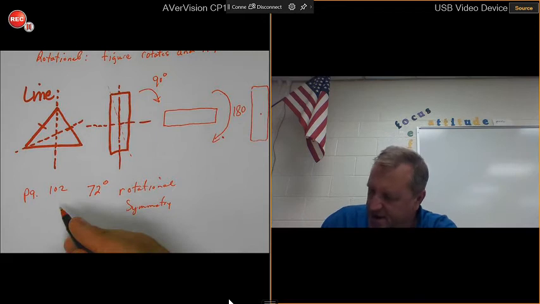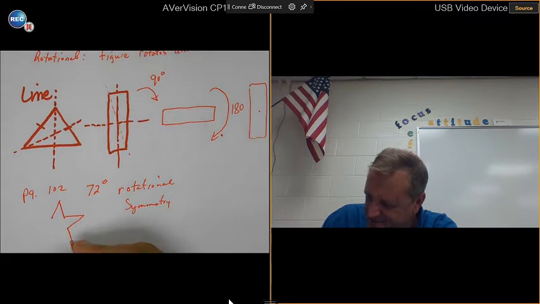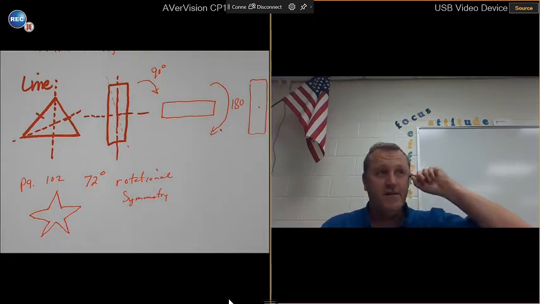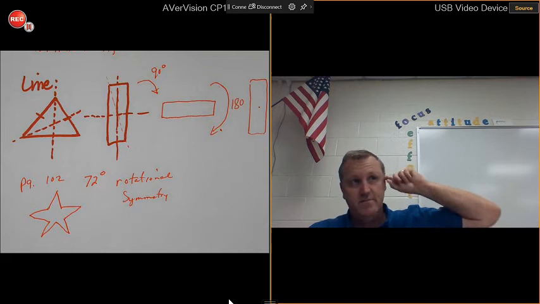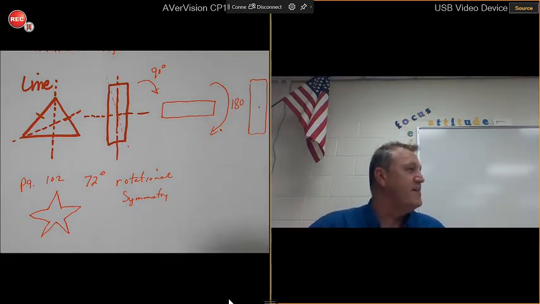And I'm not very good at making stars, so I'm going to try, but I struggle with these. Stars are tough to design. Okay, so that's an equilateral star. Not very good, but that's an equilateral star.